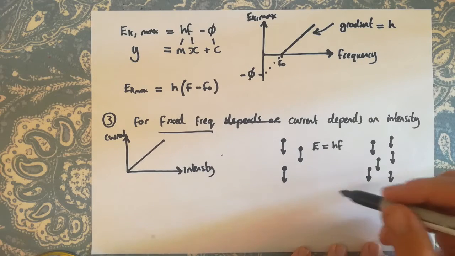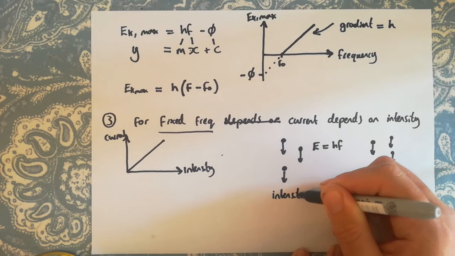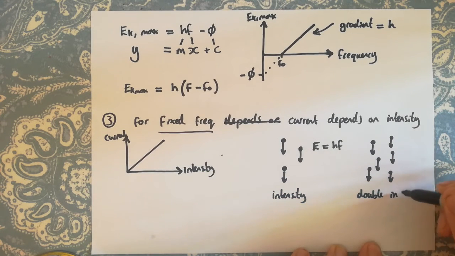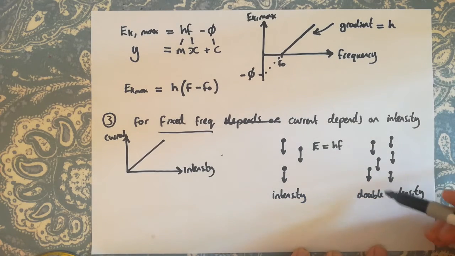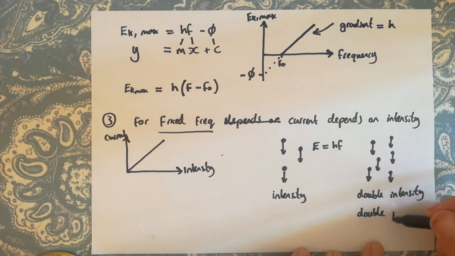If we label that as double the intensity, and I'm doubling the flux of photons, then I'm also going to double the number of electrons emitted.